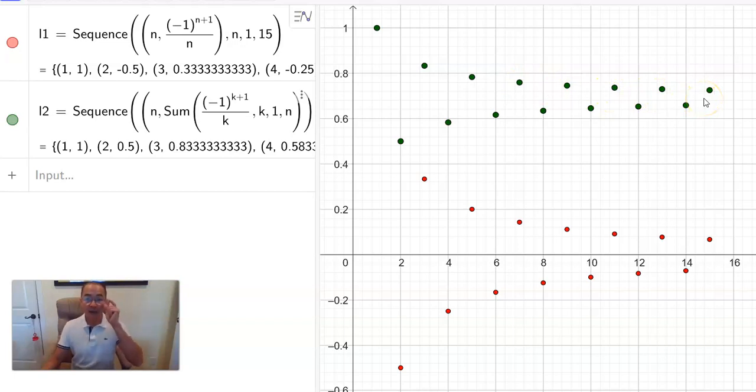Those are odd subscripts. And here we have for 2, 4, 6, 8, 10, 12, 14. Those are even subscripts. So I hope you kind of guess that we are forming a decreasing sequence here, and we are forming an increasing sequence here.